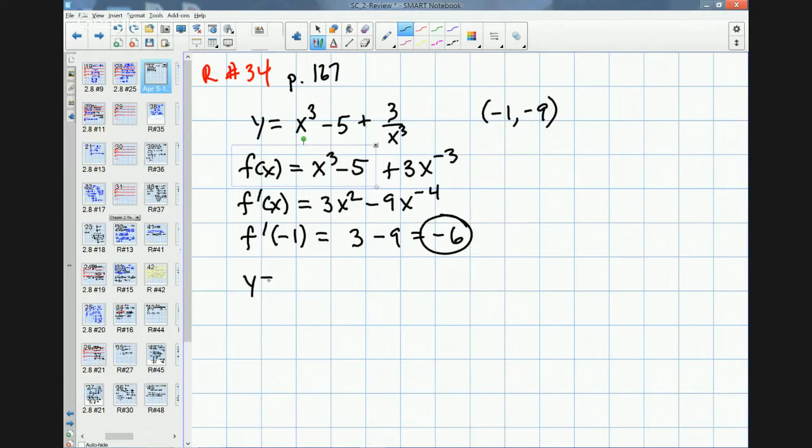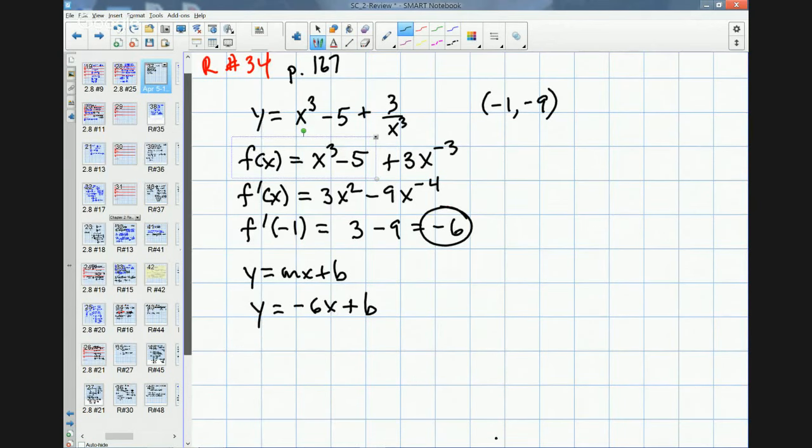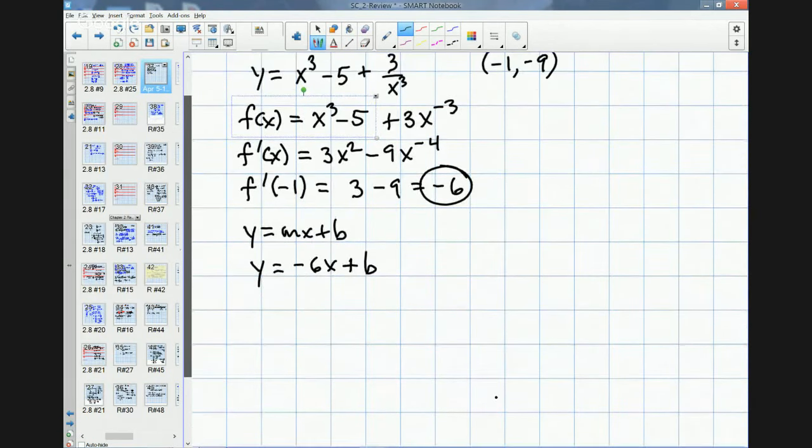So now we come over to y equals mx plus b, and we insert the slope we just found. And now substitute in the point. So -9 equals -6 times -1 plus b. -9 equals 6 plus b.